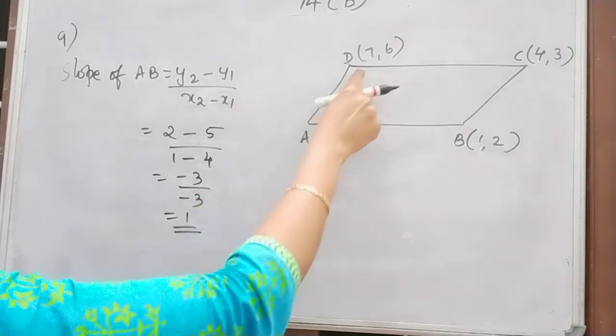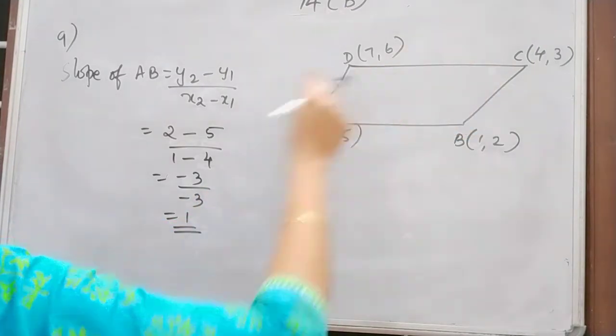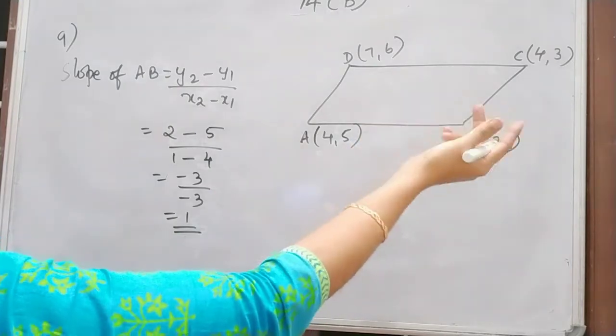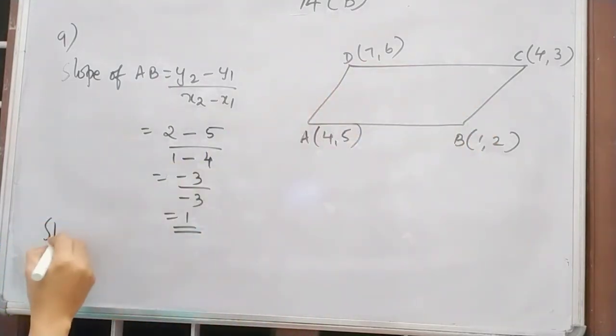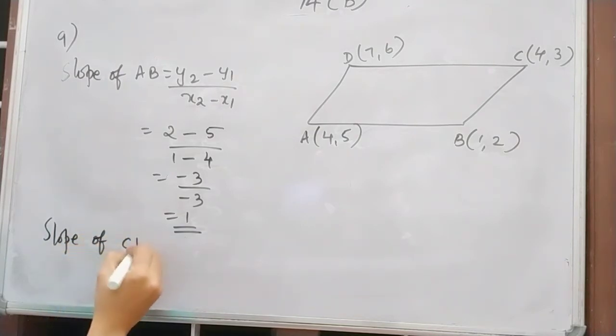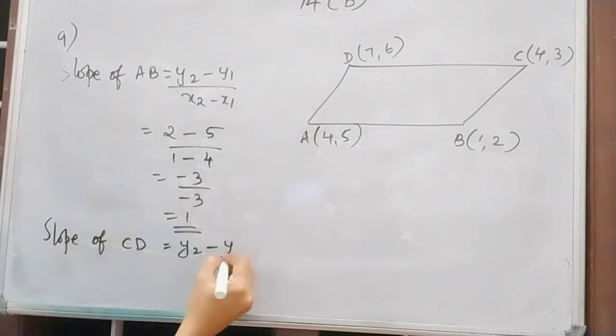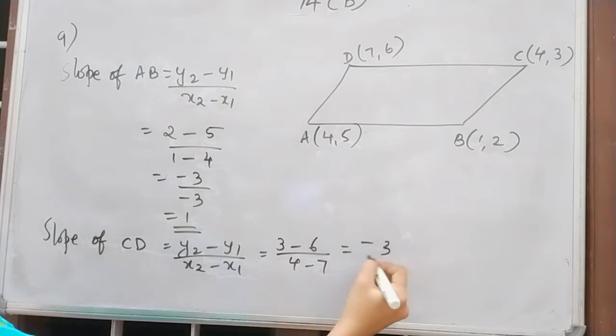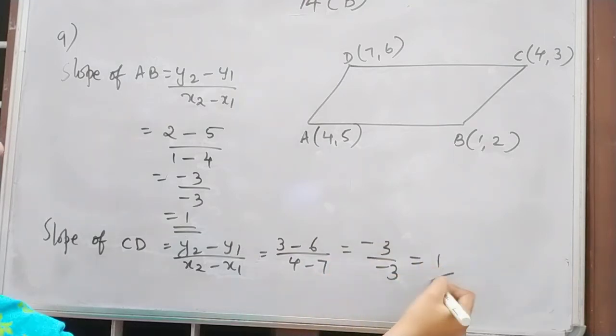Then we draw the figure this way. First we found AB, and the opposite of AB is CD. Let us check the slope of CD, which is y2 minus y1 divided by x2 minus x1, that is 3 minus 6 divided by 4 minus 7, which is negative 3 divided by negative 3, equal to 1.